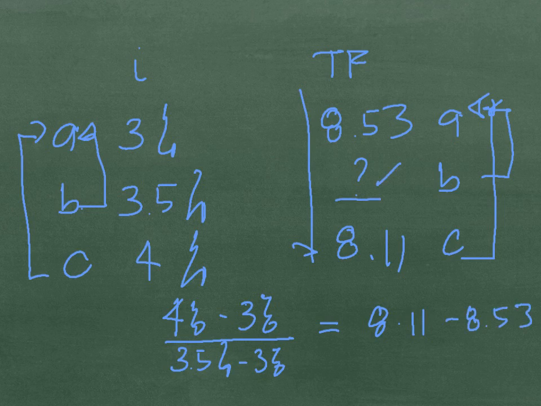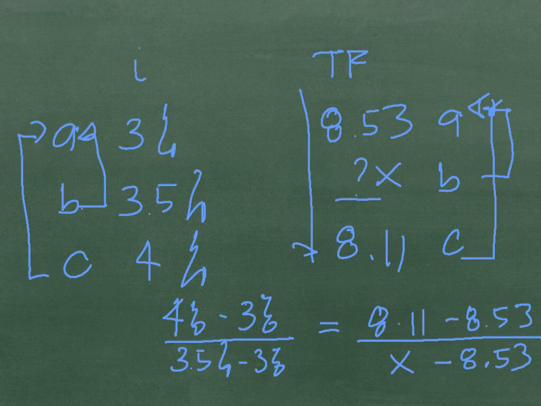Let's say x is what we are looking for, then the divisor here should be x minus 8.53.